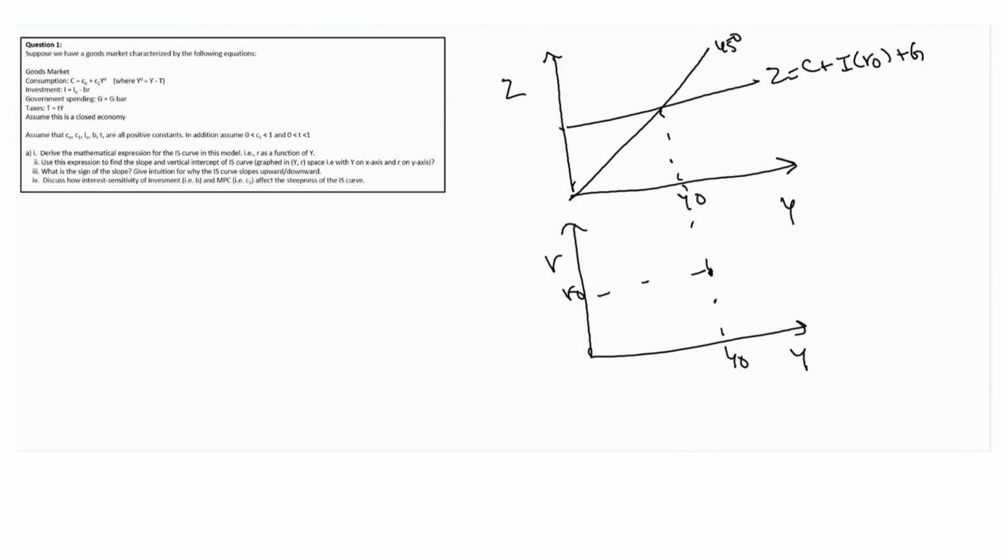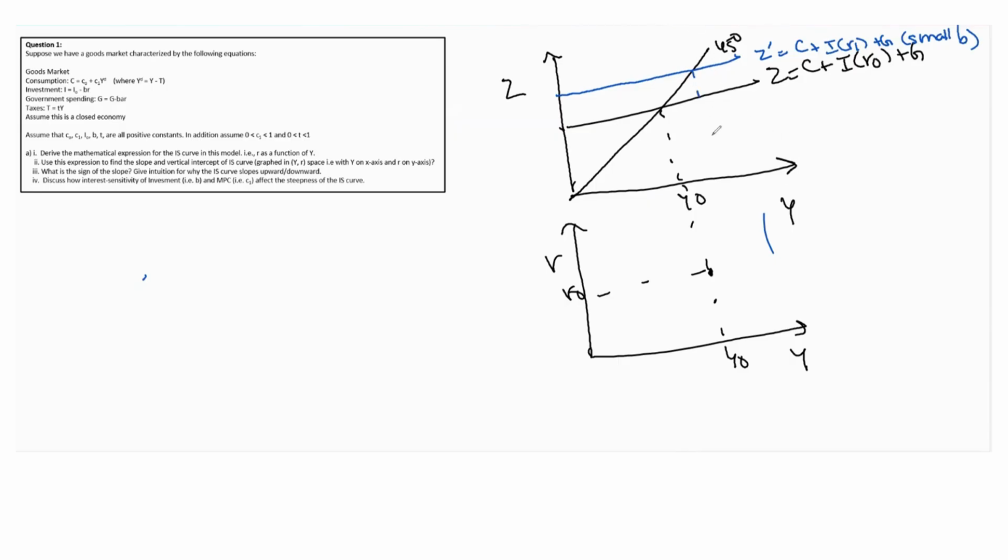Now first let's consider investment increases, but for smaller B, right? So in the case of a smaller B, if investment increases, this will be the new demand schedule. So we're saying that as interest rate decreases from R0 to R1, this will cause investment to increase, which will cause the demand schedule to shift upward.